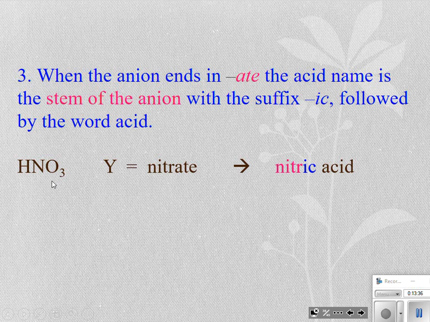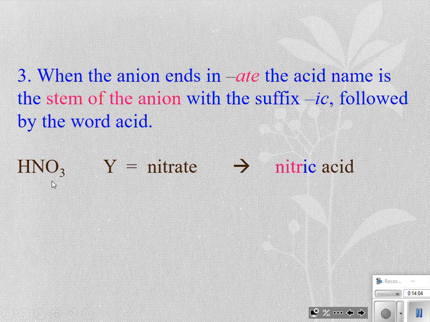So, if we review the rules, rule number 1 and rule number 3 both end in IC. What's the difference? The first one has hydro.